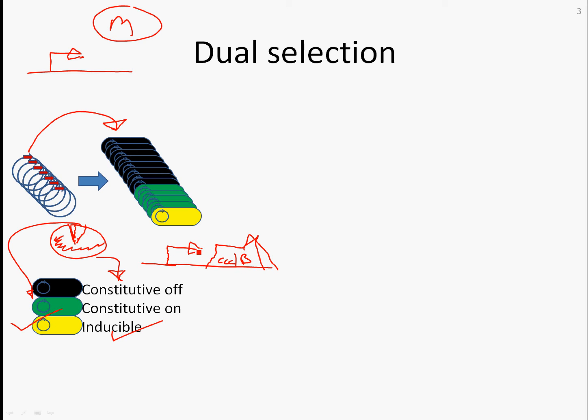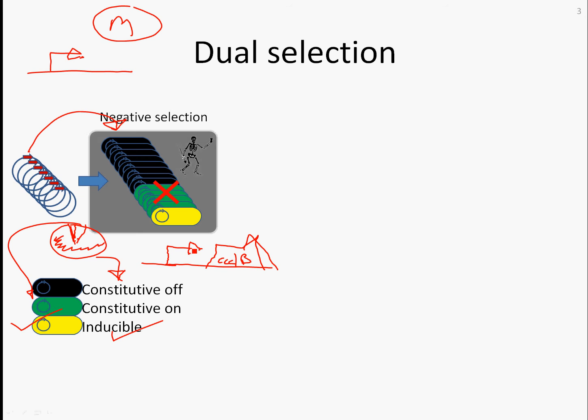So if this promoter is active, this gets transcribed, and your cell is done for. When we perform our negative selection, all those constitutive on mutants that were driving CcdB died. They produced it, they were constitutive mutants, and that's no good, so they're gone. That's essentially the negative selection.